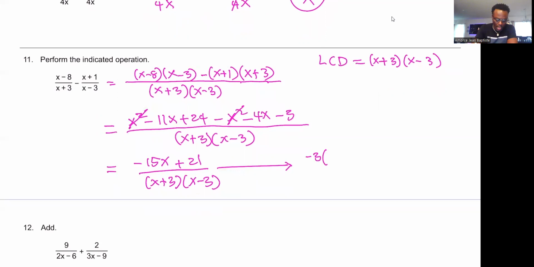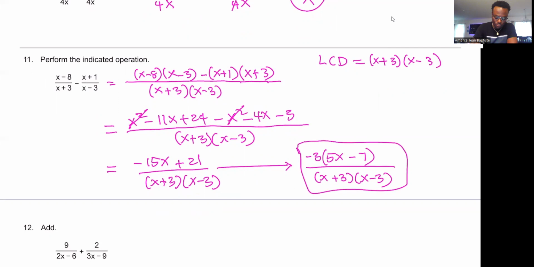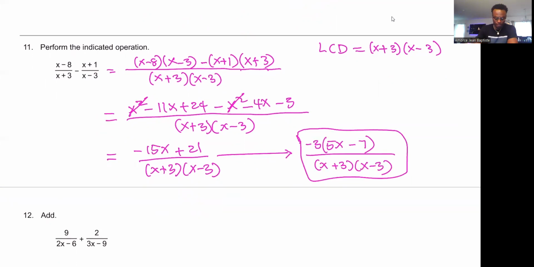So that's negative 3 factored out: 5x minus 7 over x plus 3, x minus 3. Both of them are answers, but I like this one more than the first one. There will be no penalties if you give one or the other.